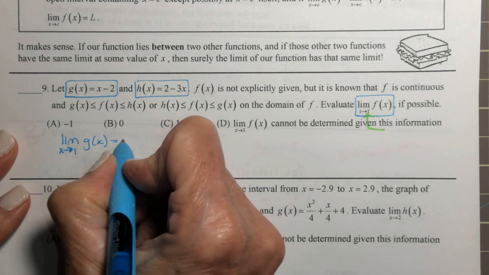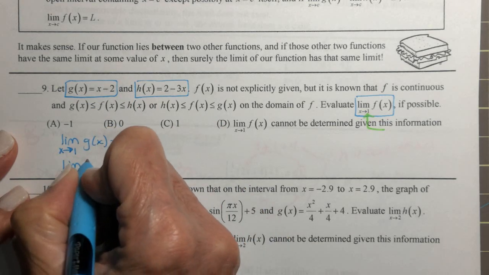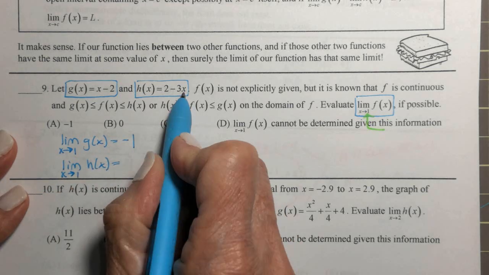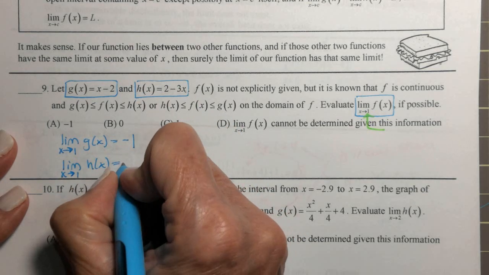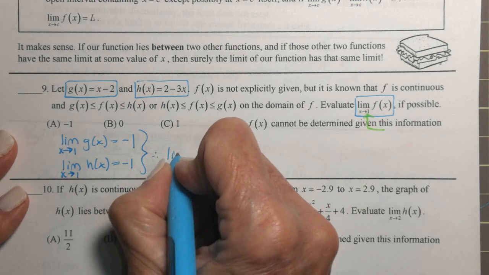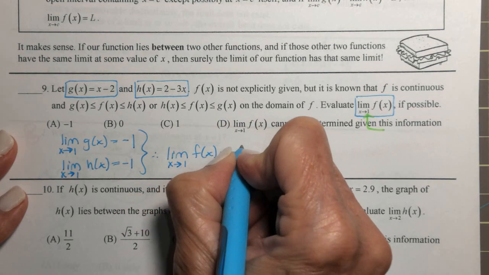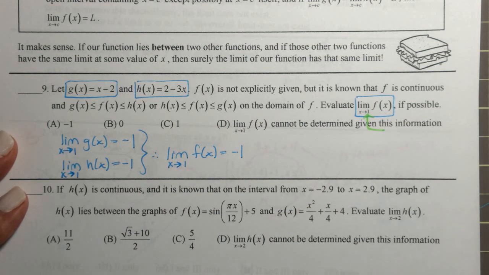That will be -1. I'm going to find the limit as x approaches 1 on h. If I put 1 in for x, I get a -1. So, the limit as x approaches 1 on f must be the same thing. That's the squeeze theorem.